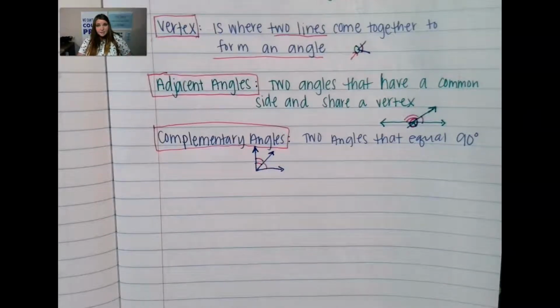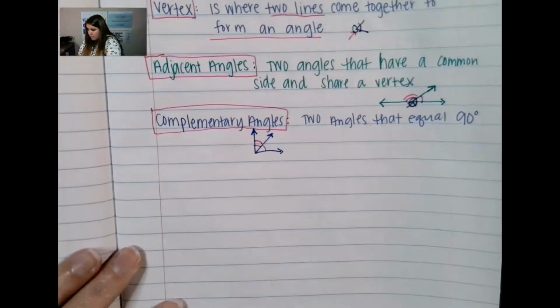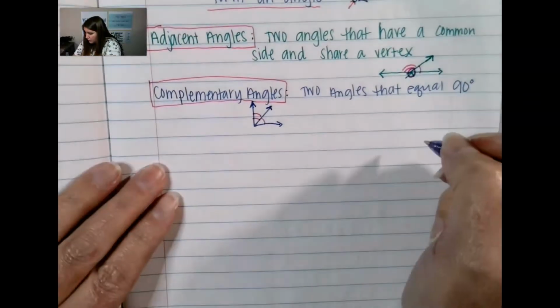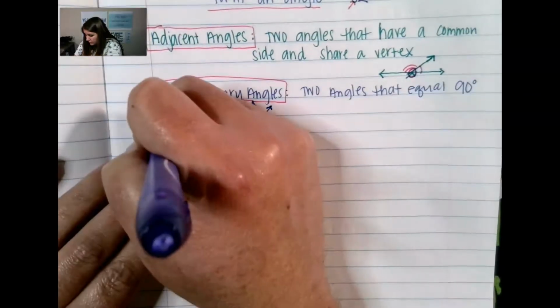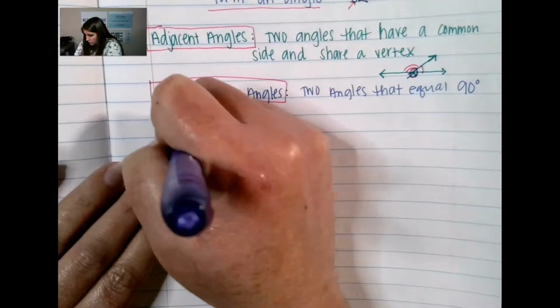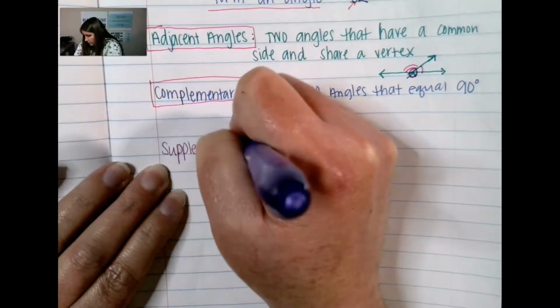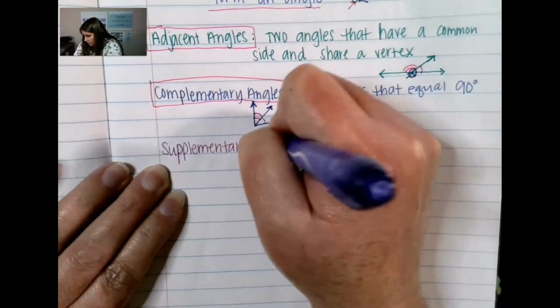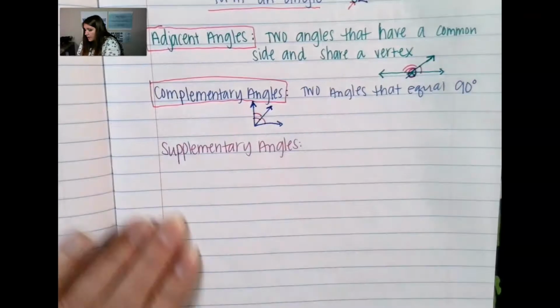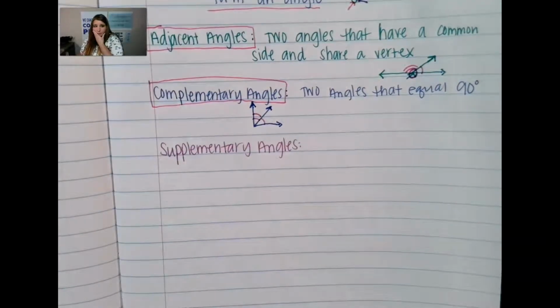The next type of angle that we have is called supplementary. Supplementary angles are two angles that form 180 degrees.